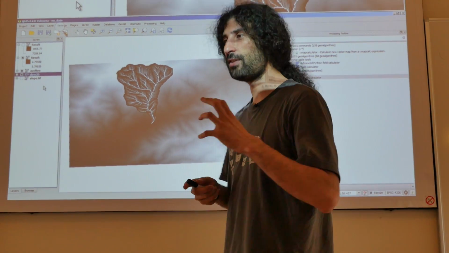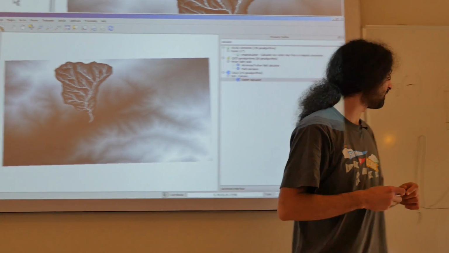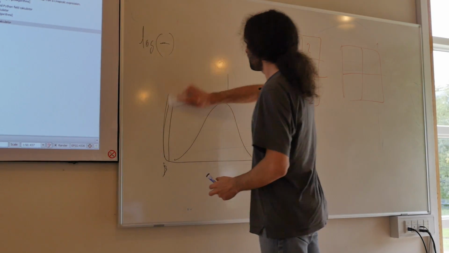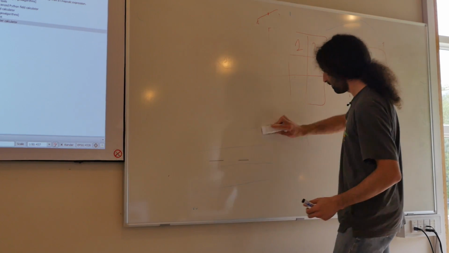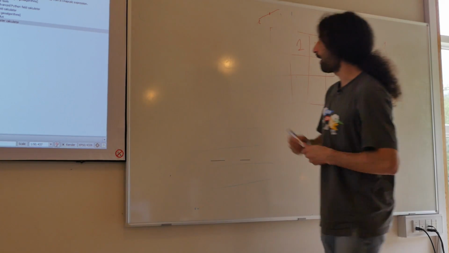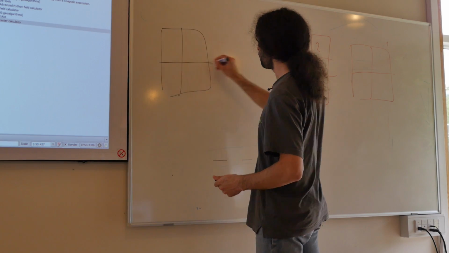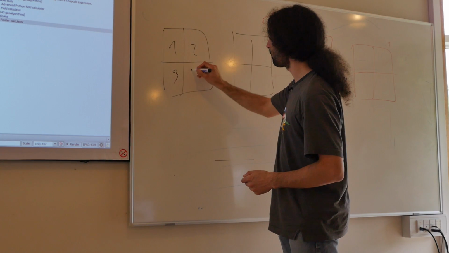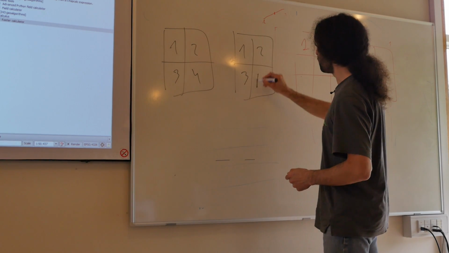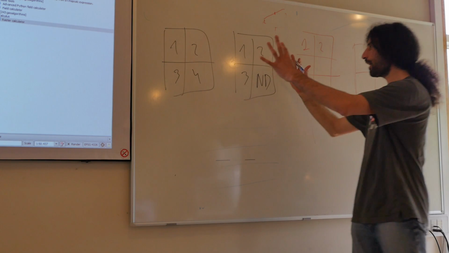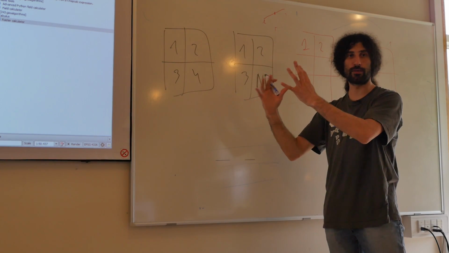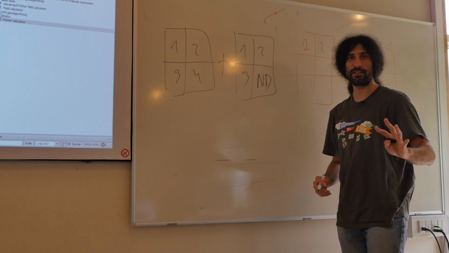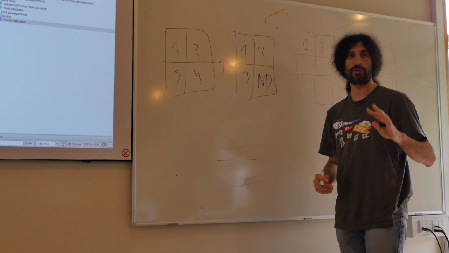There's one important thing you have to know before doing that. You have your formula that you put in the calculator, one layer with values and another layer with values: this is 1, 2, 3, and 4, and this is 1, 2, 3, and the no data value. If I combine layers and do some kind of calculation, let's say I sum them, whenever there's a no data value, the result is always going to be no data.